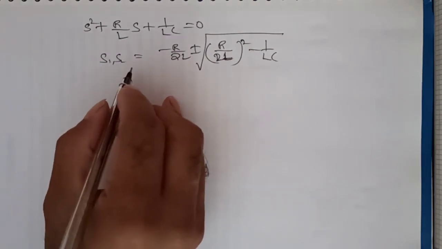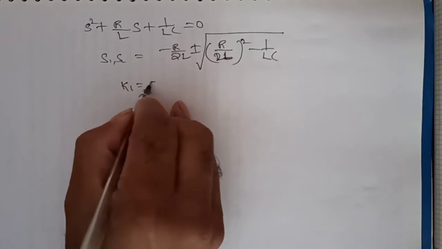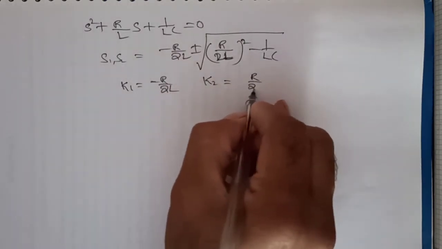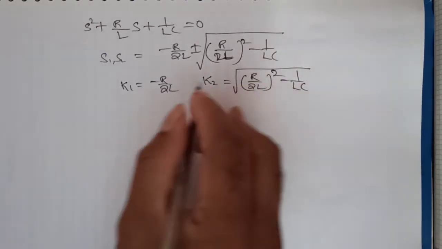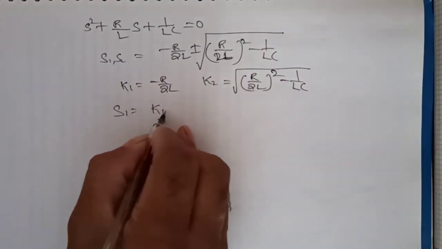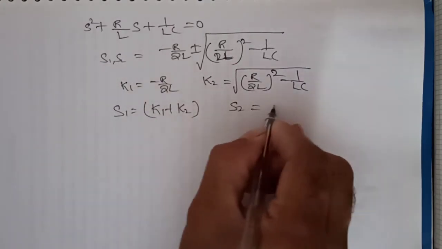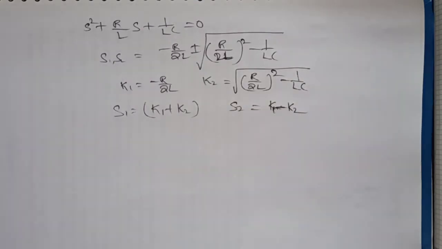Let us substitute k1 equal to minus R by 2L, k2 equal to square root of R by 2L whole square minus 1 by LC. Then we will get s1 equal to k1 plus k2 and s2 equal to k1 minus k2, substituting some variables to simplify.